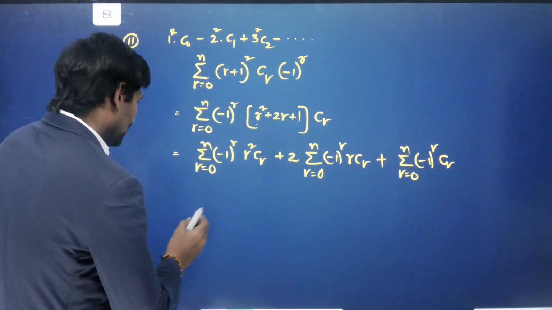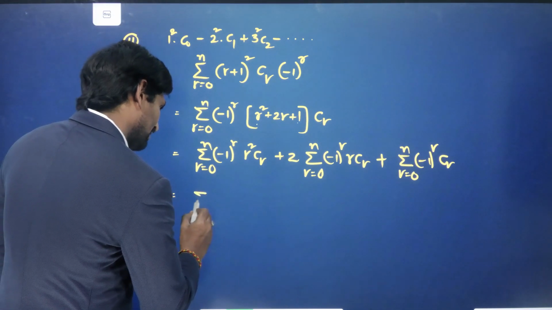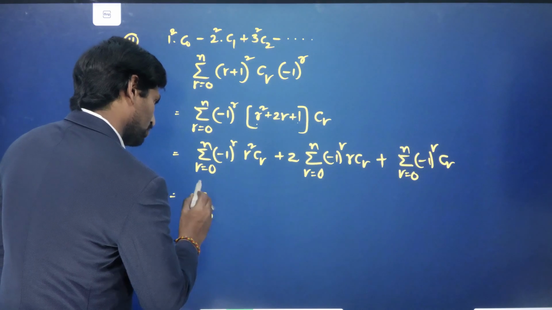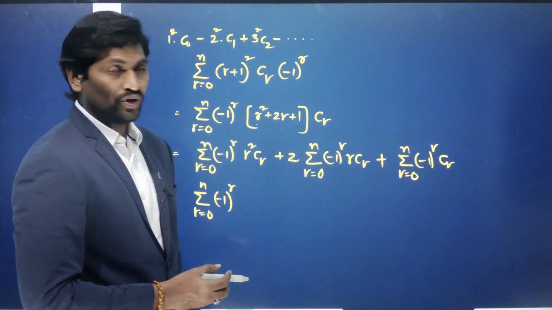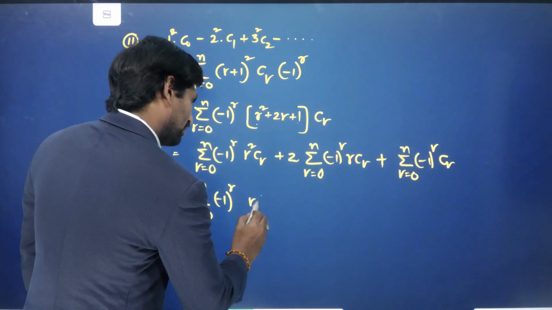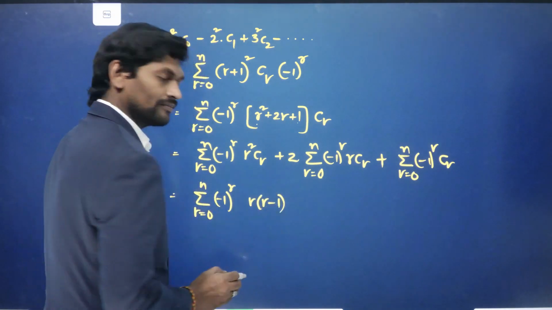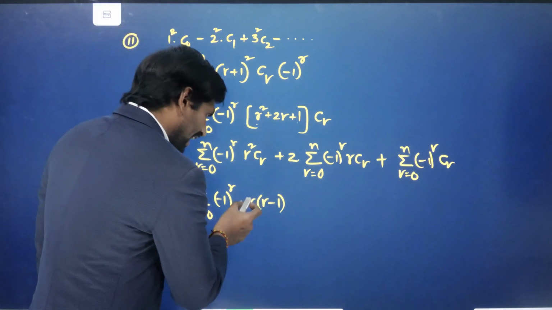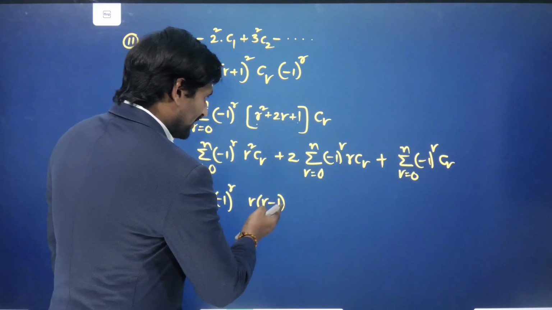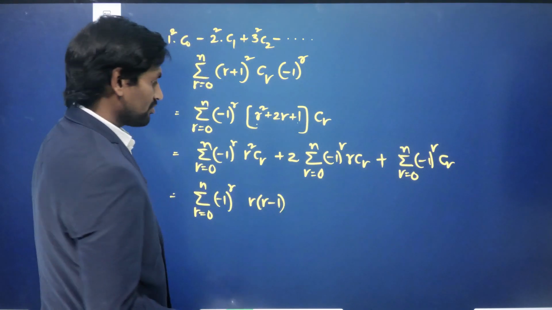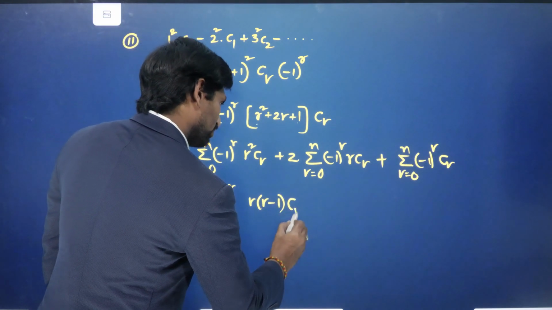The next step is sigma r equals 0 to n minus 1 power r. r square I am going to write as r into r minus 1, then what will be r into r square minus r? So I have written minus r, and I am just adding plus r also into cr.